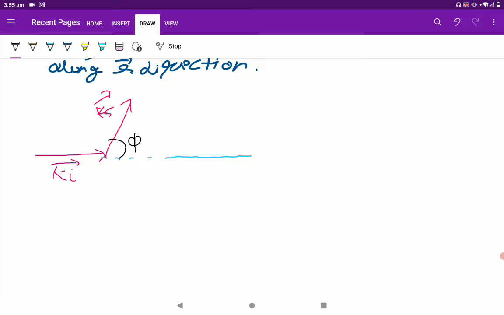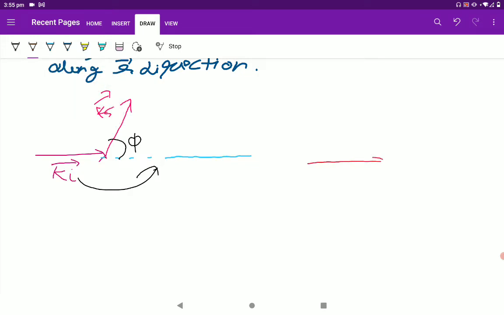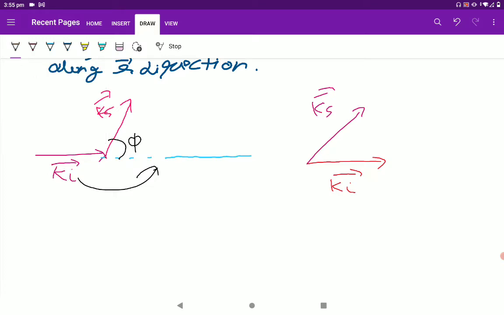Now let's move this ki to here. Now we get a diagram something like this. This is the incident wave vector, and this is the scattered wave vector, and the difference between ks and ki is represented by this, given by q equal to ks minus ki.